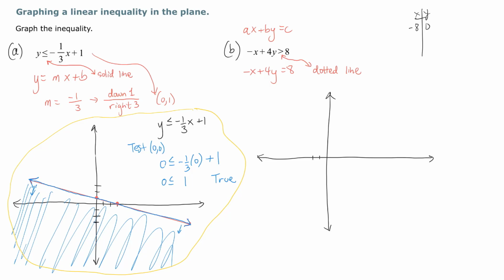So 1, 2, 3, 4, 5, 6, 7, 8, opposite of 8. Plot a point here. When x is 0, we get y to be 2. And we could plot a point at 0, 2.